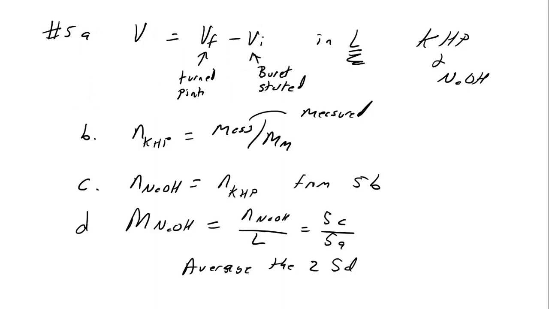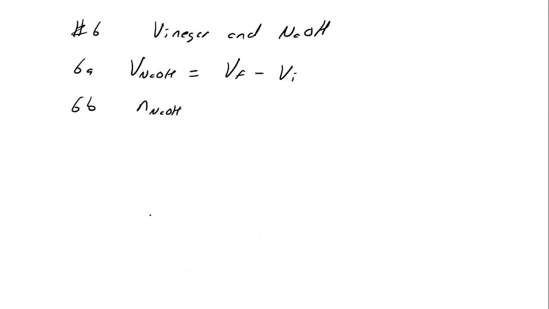Hint is the formula's on this slide here. It's the molarity times the volume. So this is going to be the average of 5D, and this is going to be 6A. Okay?